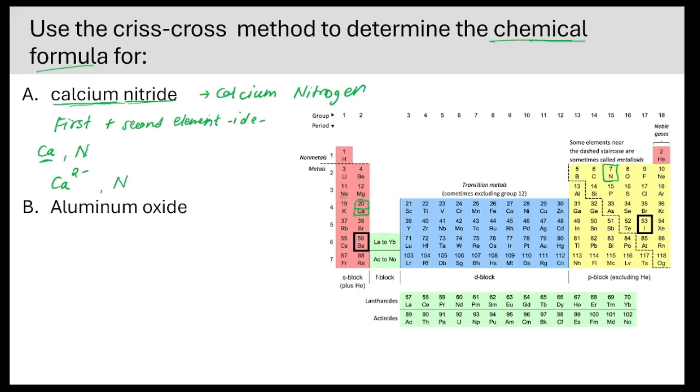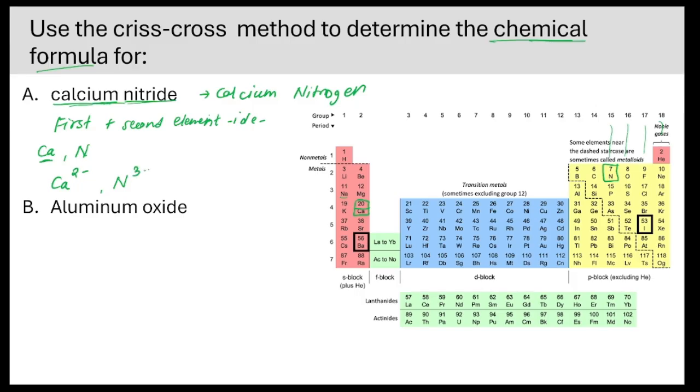Nitrogen is in group 5, which means there are 5 valence electrons, and it can either gain 3 electrons or lose 5 electrons.